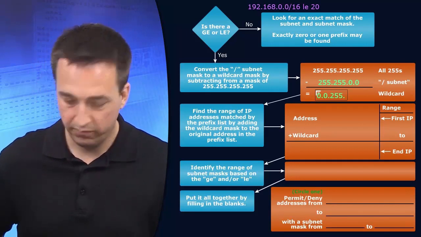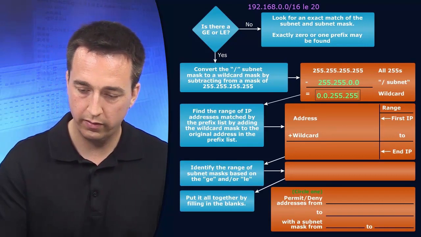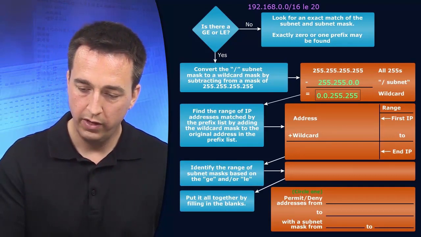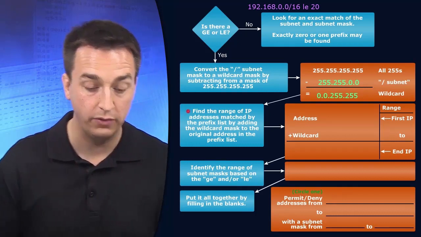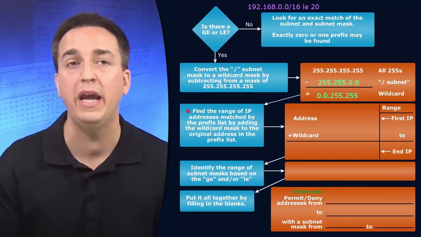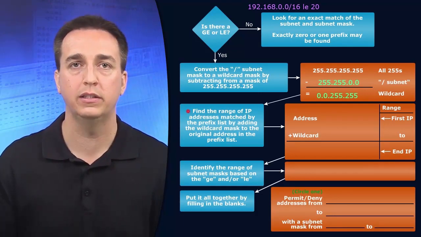And then lastly, 255 minus 0 is 255. So our wildcard mask is 0.0.255.255. So now we want to find the range of IP addresses matched by this particular prefix list.